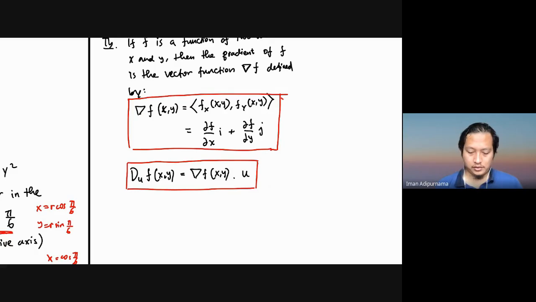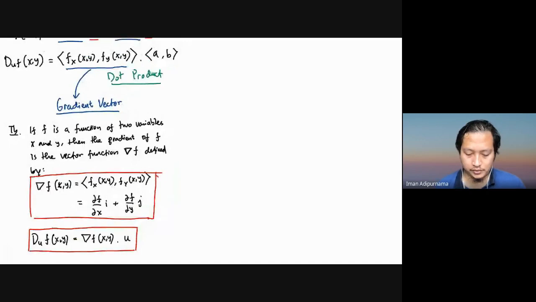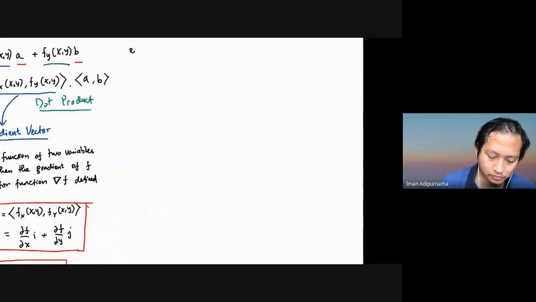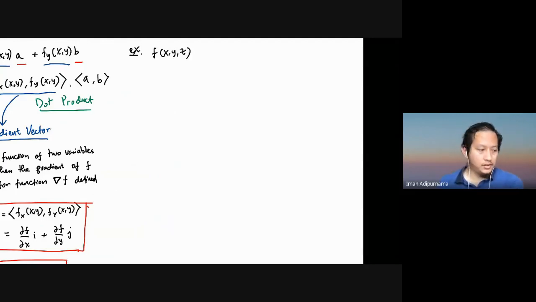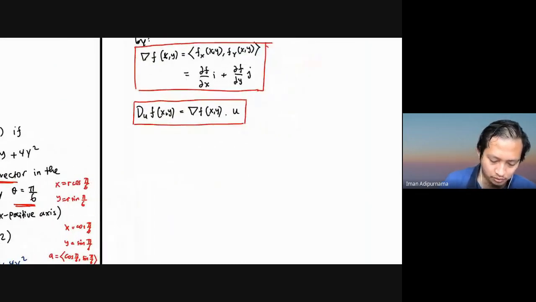Okay, let me give you an example for this gradient. Let's say you have 3 variables. Actually, a function of 3 variables will be the same. Or maybe let me write the definition first, for 3 variables and more.